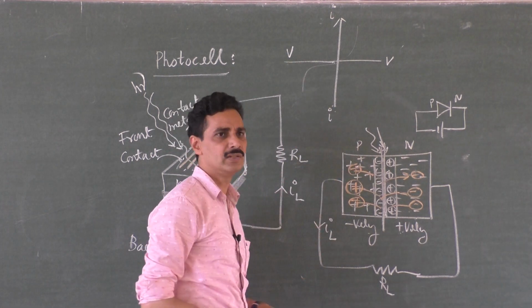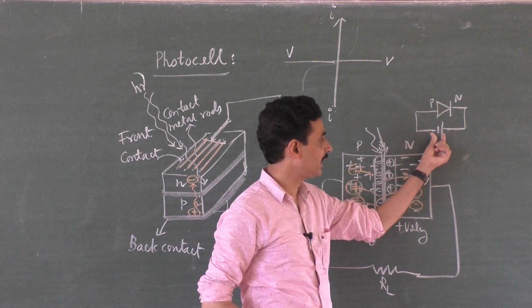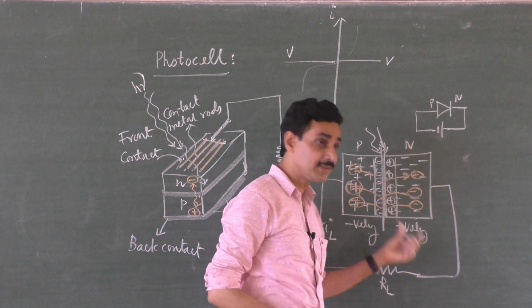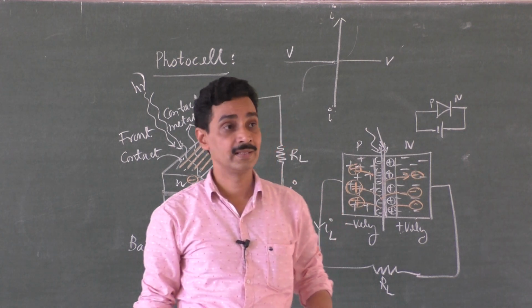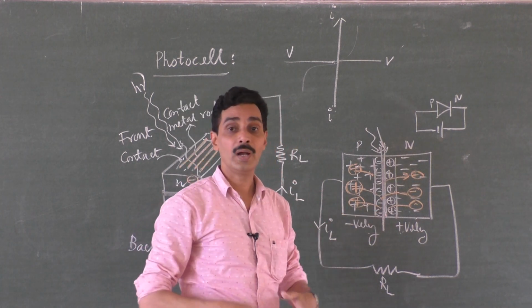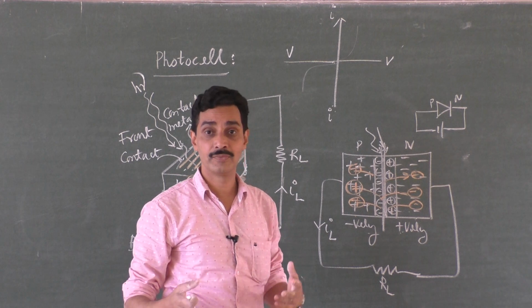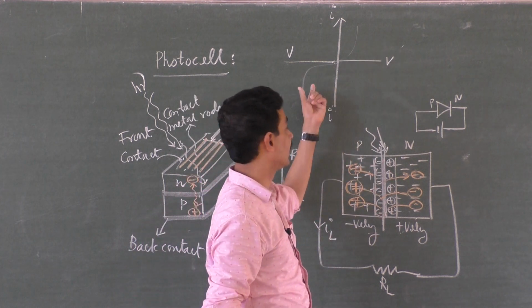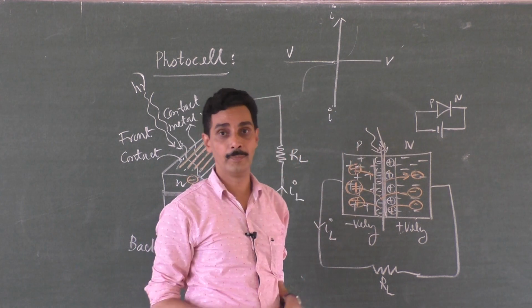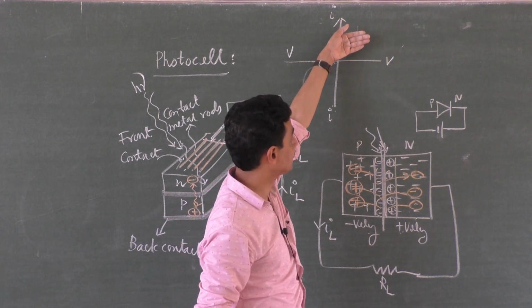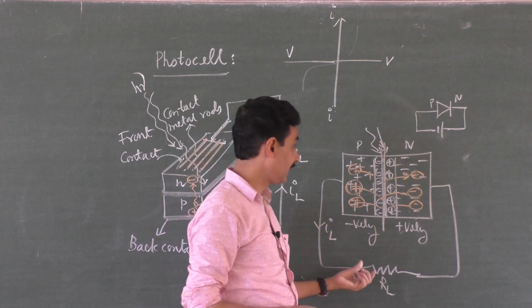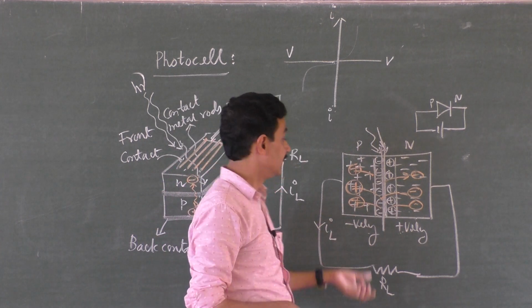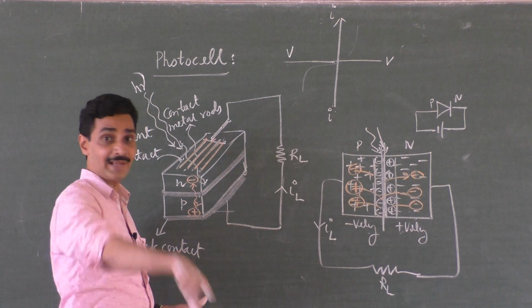Now this is a different story, because we don't supply energy from outside. This itself is an energy supplier. That itself is a battery. When the cell itself is a battery, what is the meaning of writing it in the first or third quadrant? You should go to the fourth quadrant now. We should shift from the first quadrant to the fourth quadrant, because we are not supplying energy from an external battery. This itself is supplying energy to the external circuit.